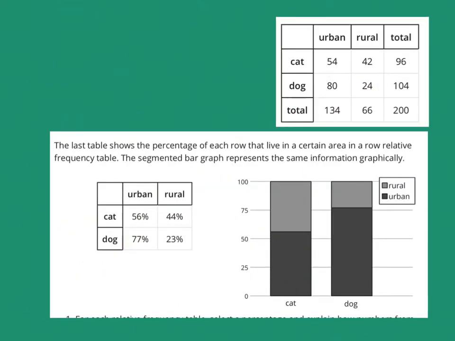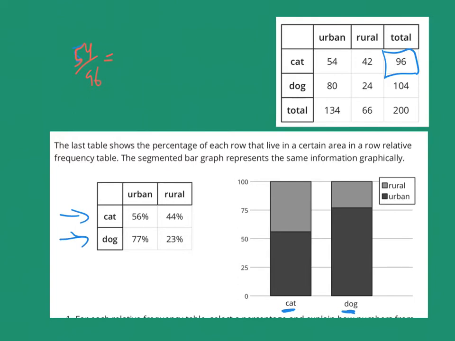As I move deeper in, I have two columns again, and now we're looking at cats and dogs. So we're looking at horizontal totals now. Out of the 96, 54 of the 96 people that have cats live in an urban setting.